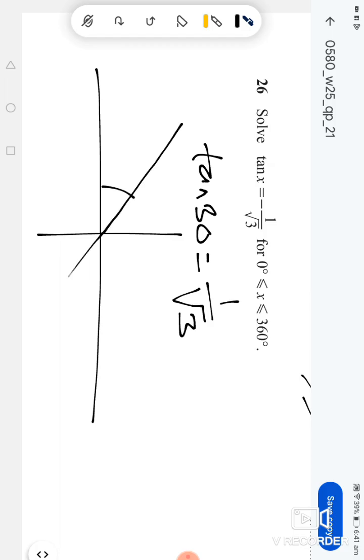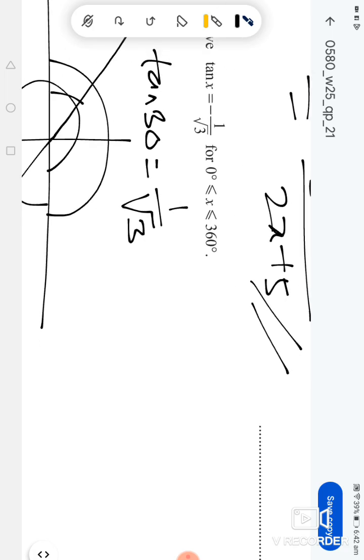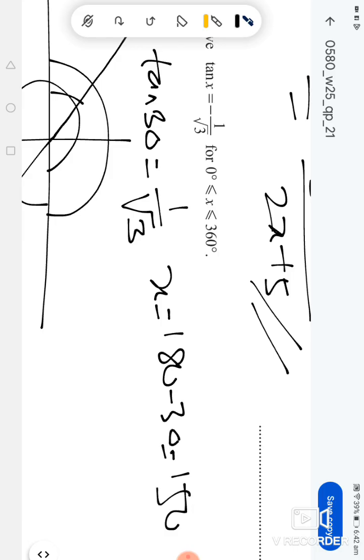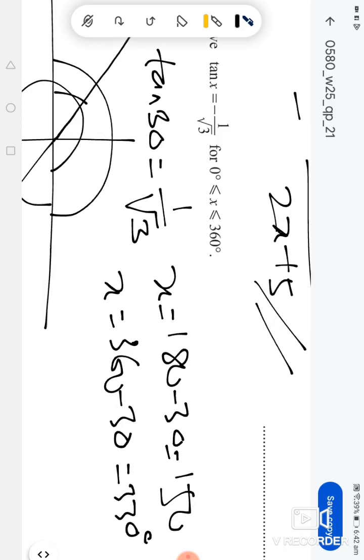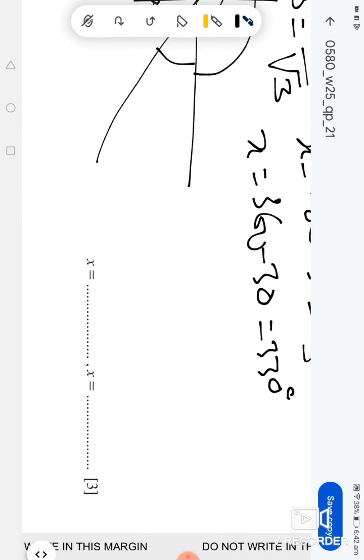So from here and from here, we can subtract: x equals 180 minus 30 equals 150 and x equals 360 minus 30 equals 330. So 150 and 330.